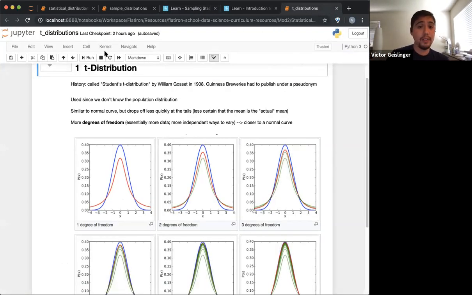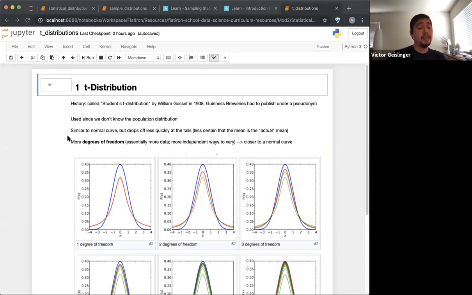So the t-distribution is kind of similar to the z-score and the z-statistic. One interesting thing from history is that it's sometimes referenced as Student's t-distribution because that's how it was first published. It was actually developed by William Gosset. I don't know how to pronounce his name exactly. He was working for Guinness Breweries, the same Guinness, the beer company.